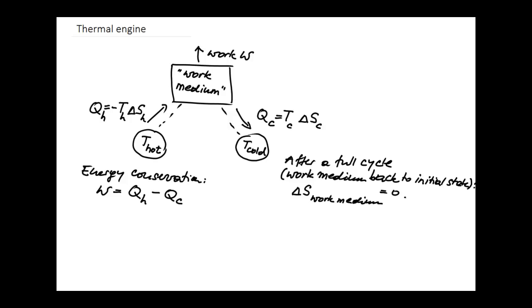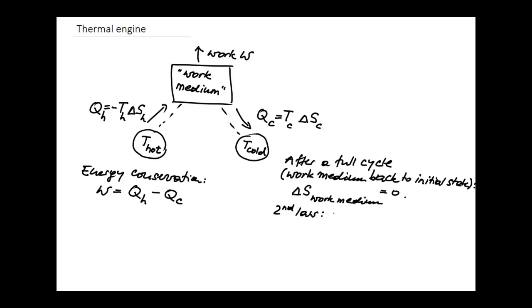As for the changes of the entropies of the two reservoirs, the second law says that if this process is reproducible, and it is, in such a reproducible process, the total entropy can only increase.